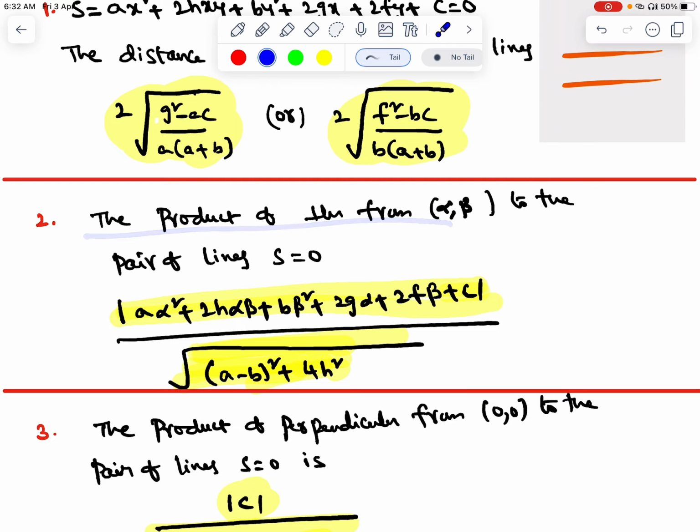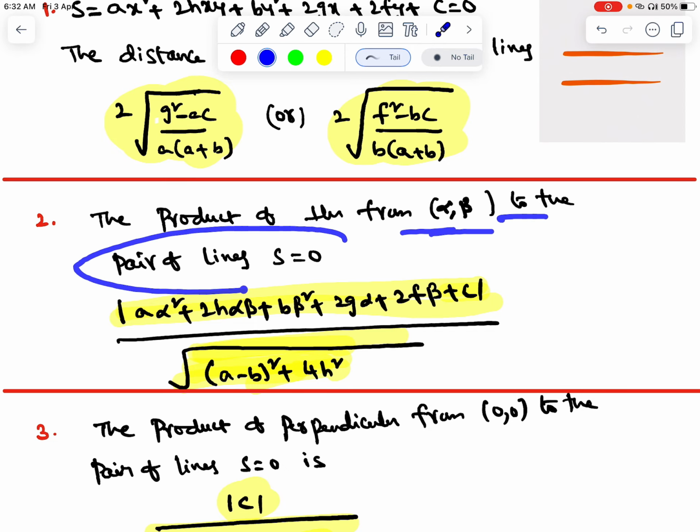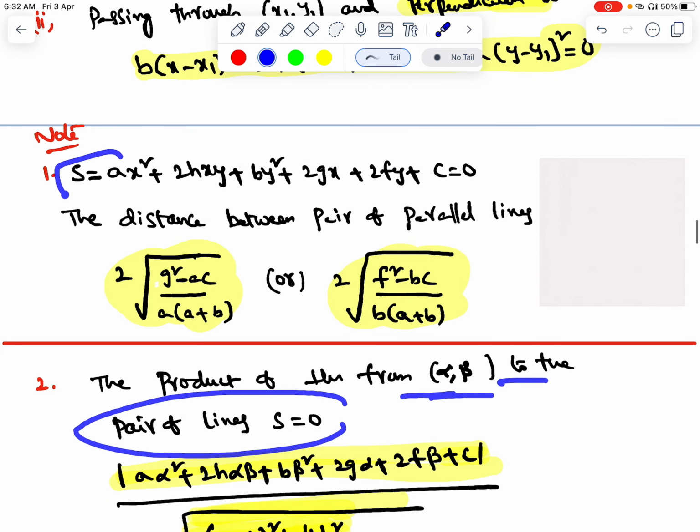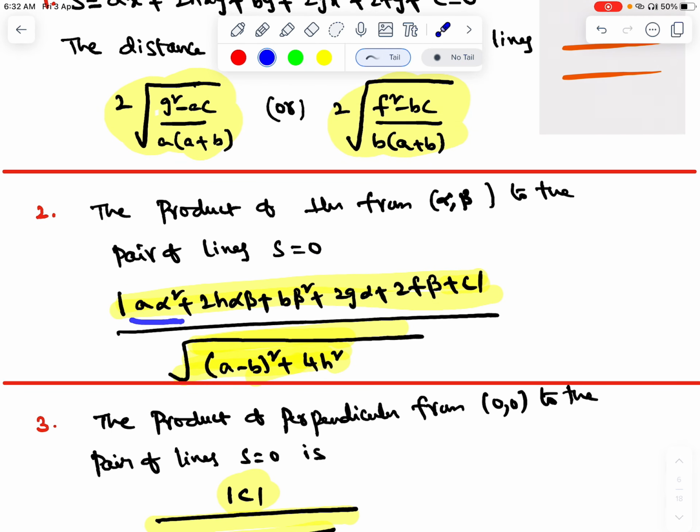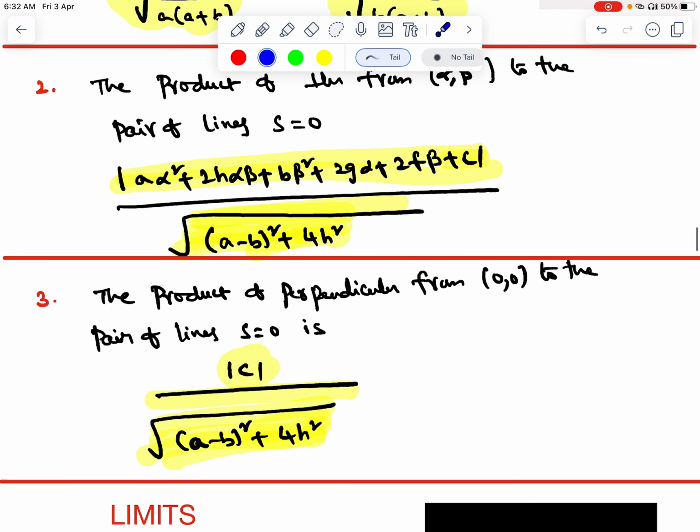The product of the perpendiculars from (α, β) to the pair of lines S = 0: the formula is |aα² + 2hαβ + bβ² + 2gα + 2fβ + c| / √((a − b)² + 4h²).